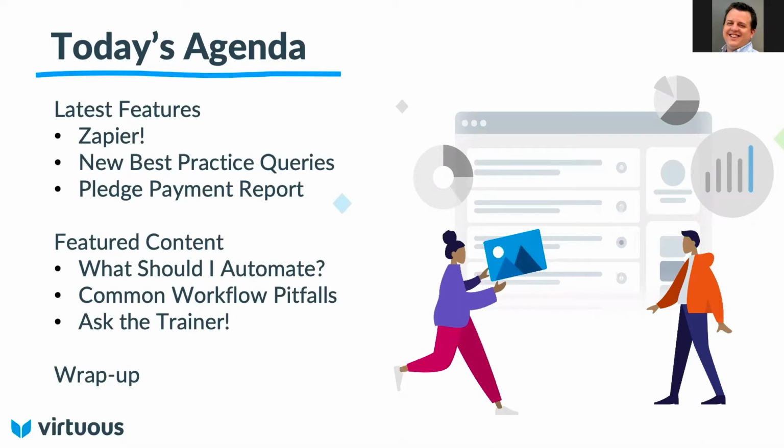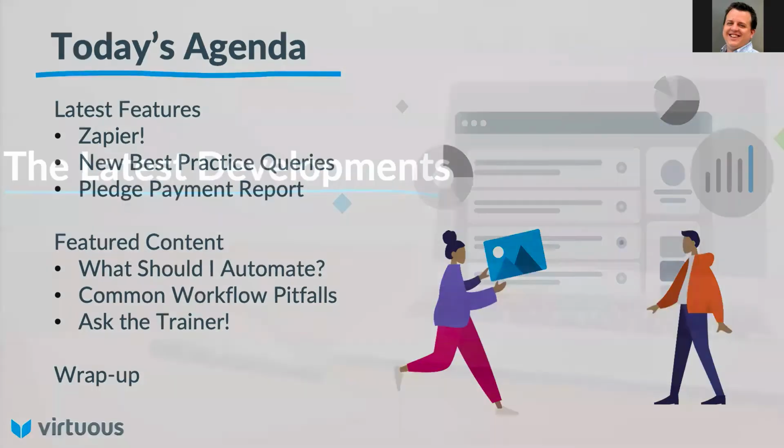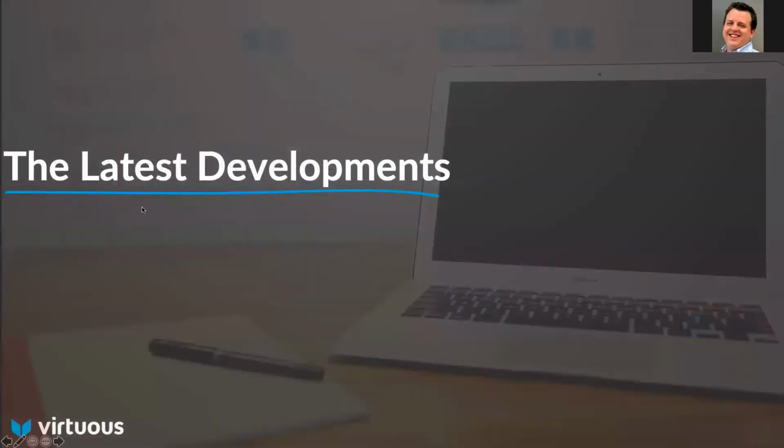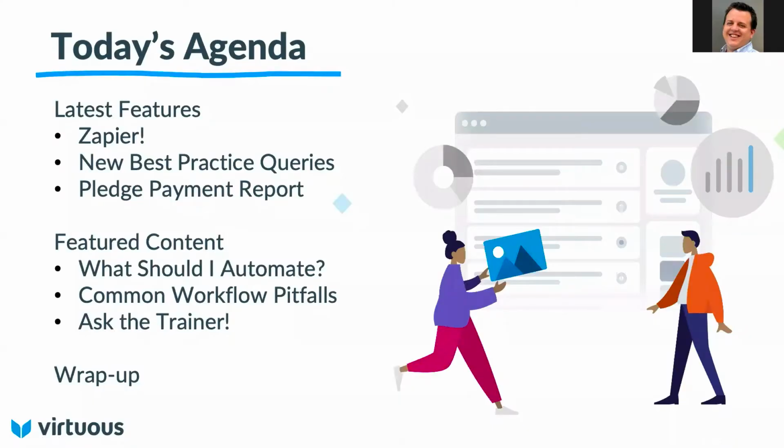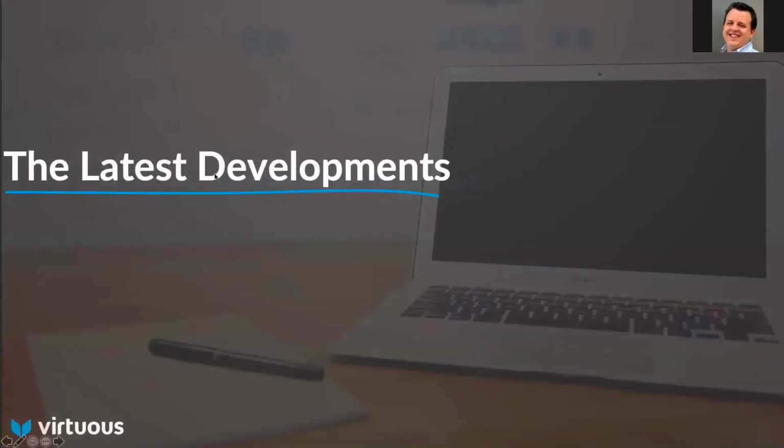Really briefly, some of the newer features we have here in Virtuous. The first one is our new Zapier integration. Some of you may have already noticed this in the release notes. Some of you may have been waiting for it, and if so, that's great. We do have a new integration with Zapier.